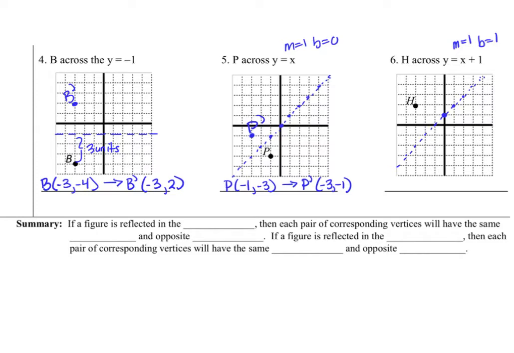Now we're going to look at how far H is away from the graphed line. It looks like it's 2 diagonals away, so H prime is going to be 2 diagonals away on the other side.